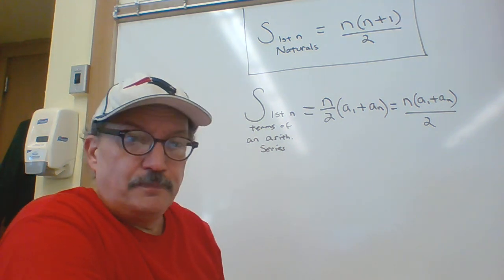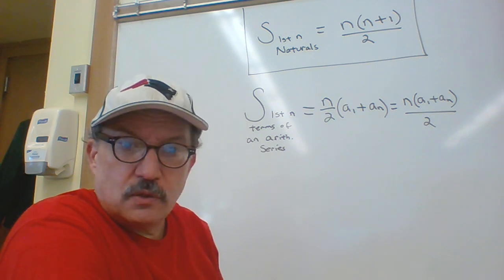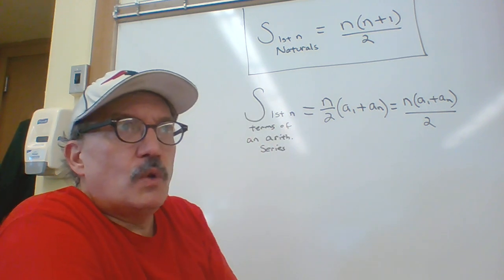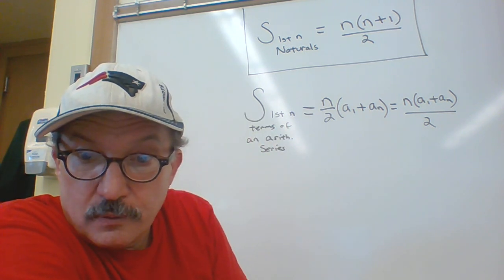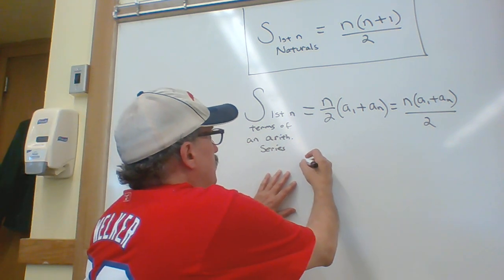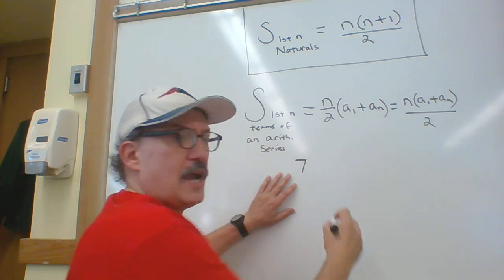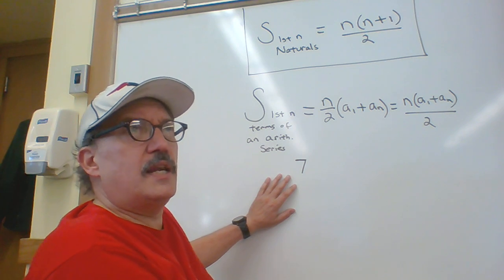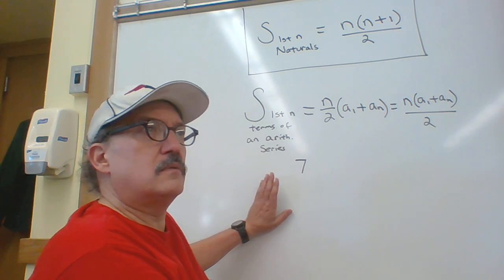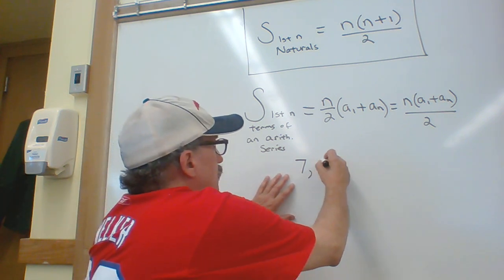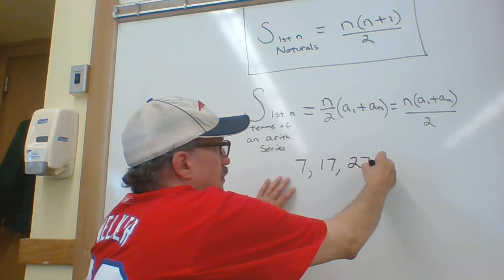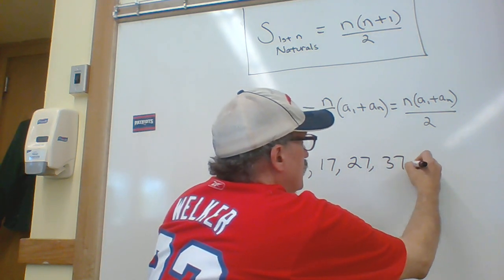So this is the formula, and maybe we should try one more, but this time try one that we wouldn't want to have to grind out. So how about the arithmetic sequence 7, 17, 27, 37, and so on.